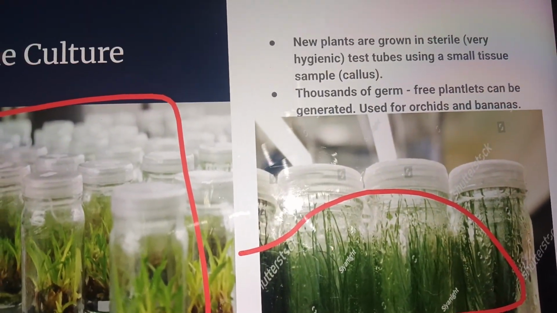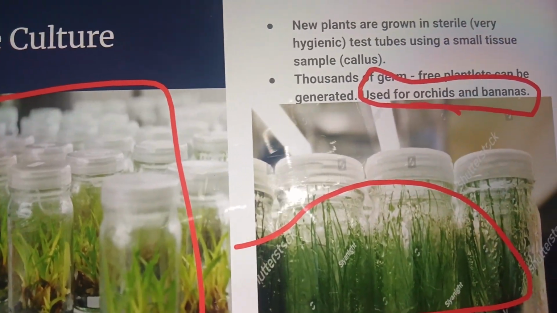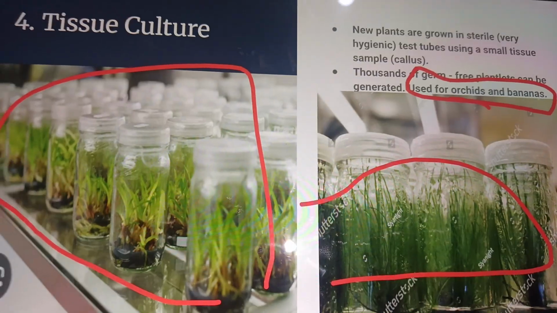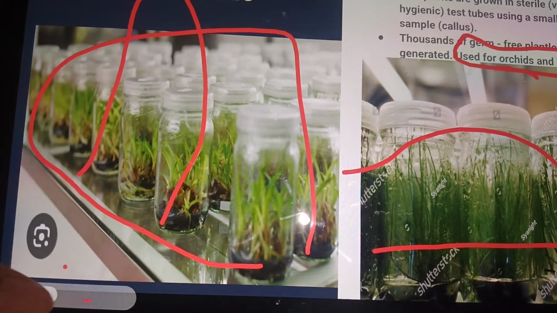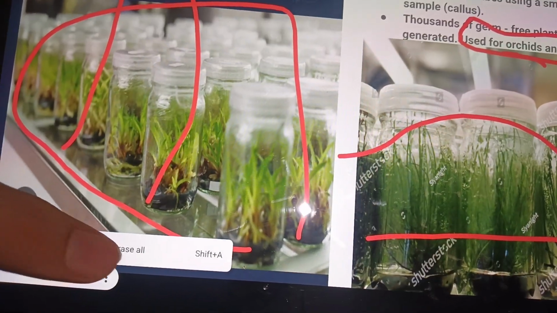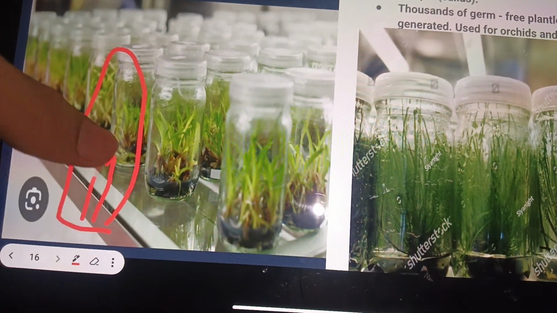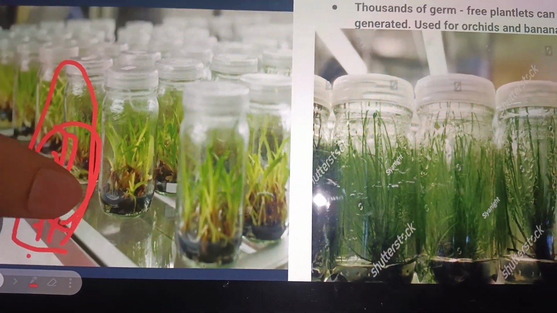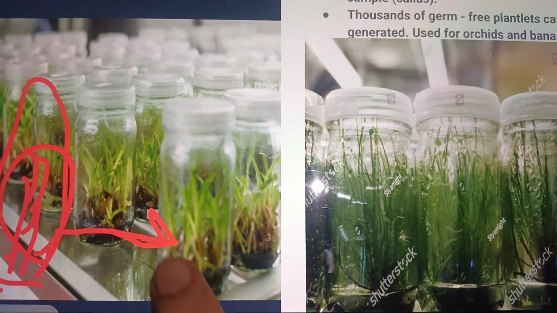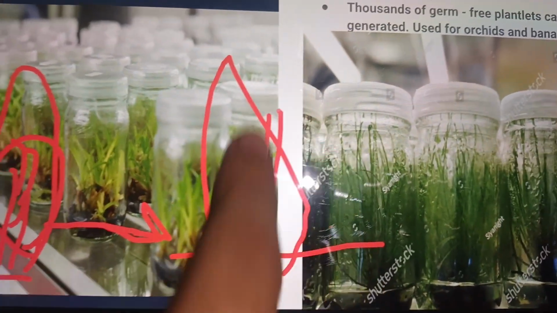Tissue culture is used in orchids and bananas. You find this method usually in nurseries. In nurseries they give you a test tube. In that test tube, there is a small tissue. It grows, grows, and grows. Then after a bit of growing, what can you do? You can grow it in soil, whatever it is, suppose banana.